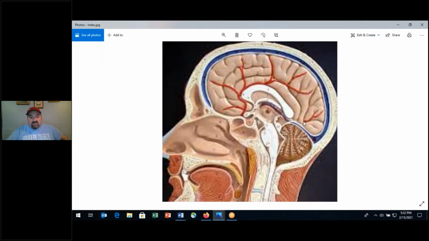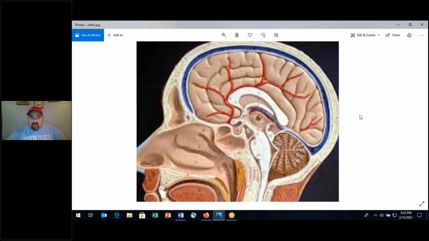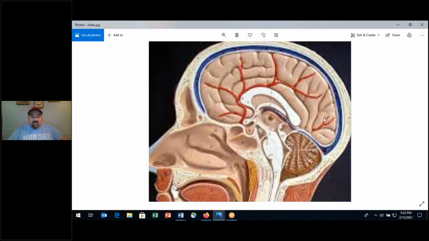All right, so as we're looking at this image here, this would be the right cerebral hemisphere, right? Because we're missing the left side, so that's the right cerebral hemisphere. Now this part in particular, we're going to label as the cingulate gyrus right here. Remember, a gyrus is a fold.